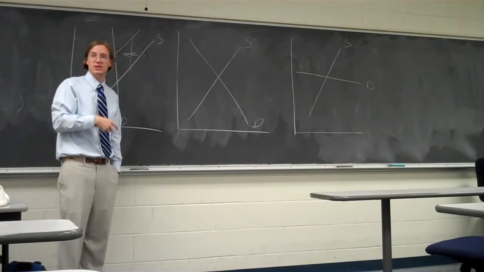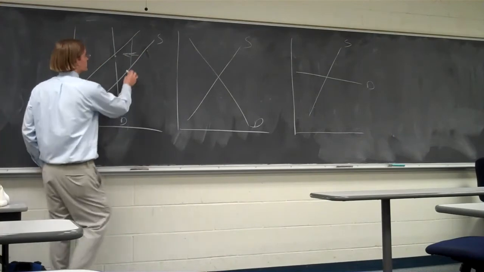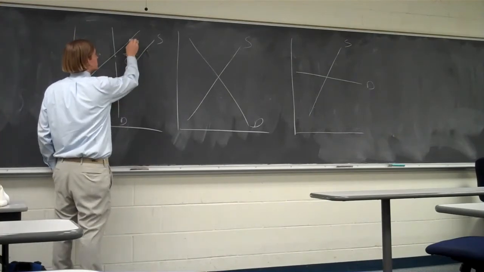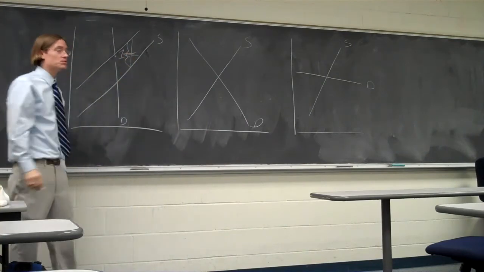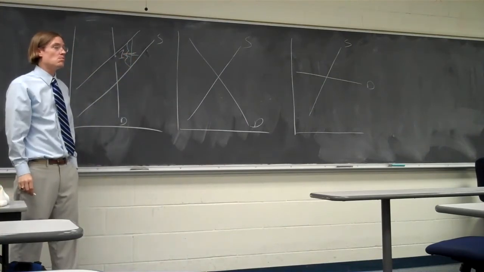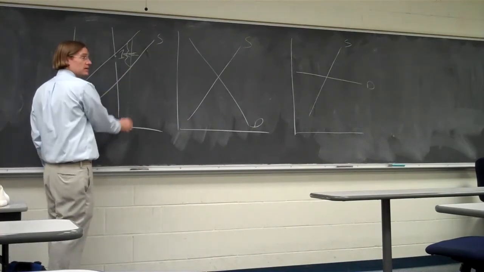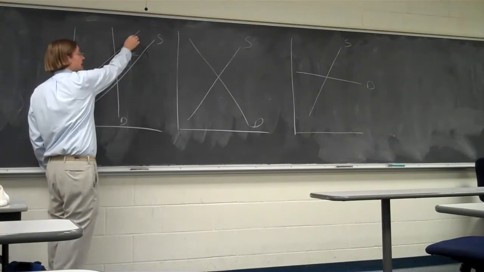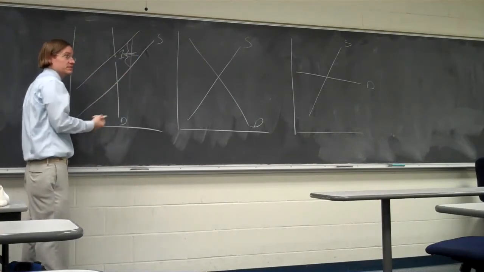So if the tax on cigarettes was $1, the supply curve shifted to the left until this vertical distance was $1. So the same quantity supplied, but at $1 more. So at every quantity supplied, the price is now $1 more. That's how we're going to show this shift, this tax.